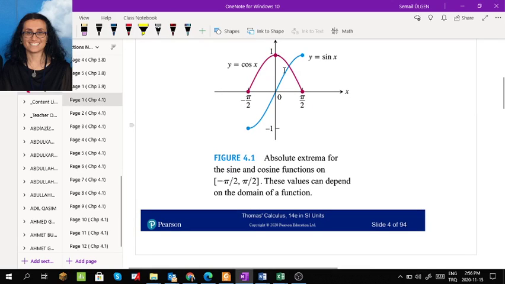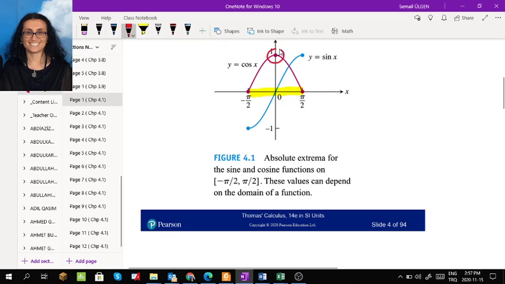Here's an example. We have cosine x and sine x. The domain is between negative pi over 2 and pi over 2 for both functions. I'm going to use red for the absolute maximum. Let's concentrate on cosine x.